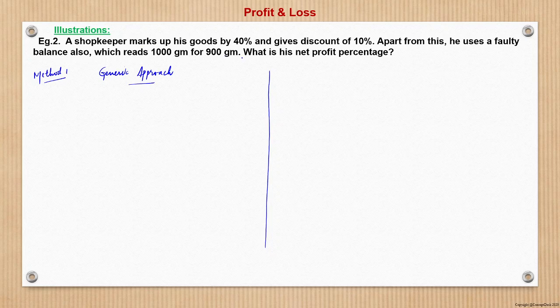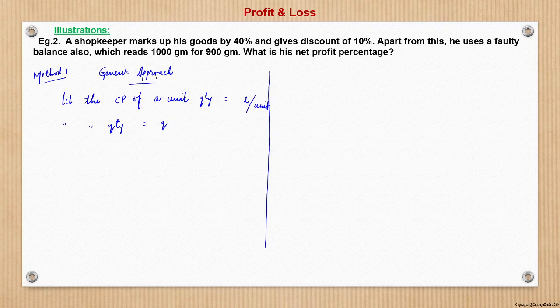Shopkeeper marks up his goods by 40%. So let the cost price of a unit quantity be x per unit, and let the quantity be, say, Q, right?